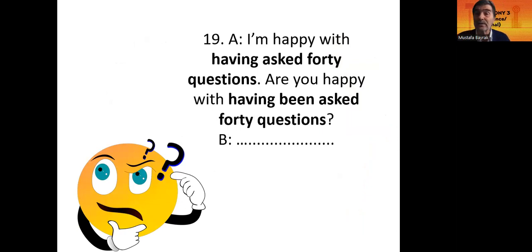You know it very well that after the prepositions, we use verb ing, whether it is be plus ing or have plus ing or do plus ing. I am happy with having asked 40 questions. Are you happy with having been asked 40 questions? Yes, I am happy with having been asked 40 questions.